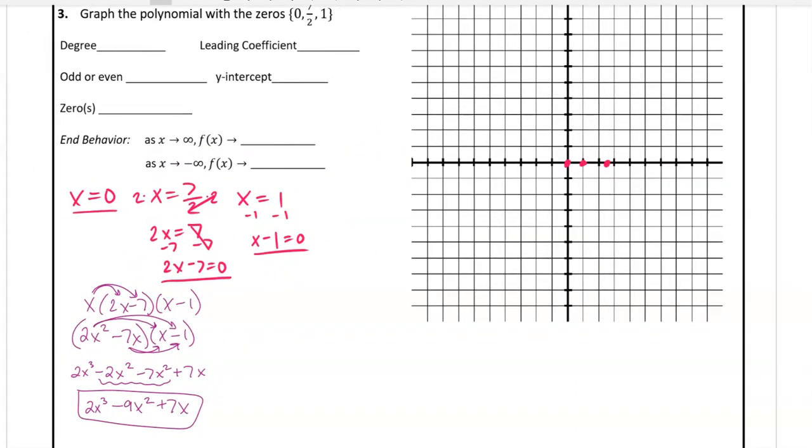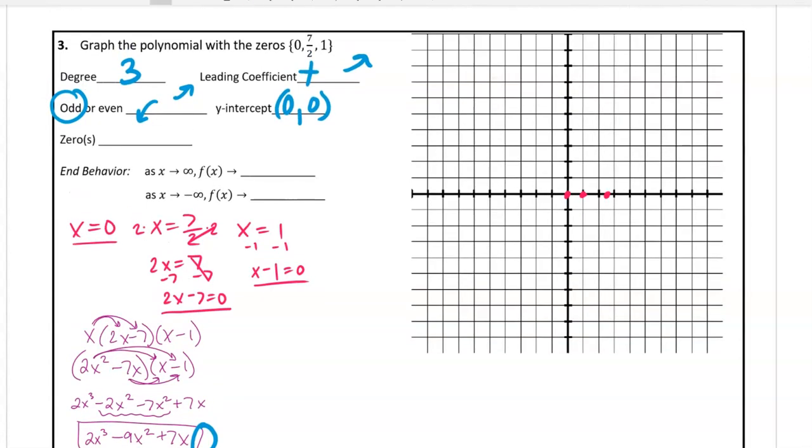So looking at this polynomial, what is the degree? The highest exponent? 3. My leading coefficient is positive, so that tells me my right hand is going up. The degree being 3, 3 is an odd number, so if the right hand is up, the left hand is down. What is the y-intercept? Well, there's no constant here, so our y-intercept will be going through the origin. The zeros, we already know the zeros.